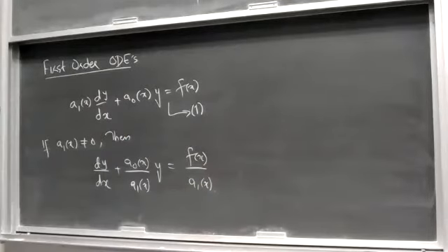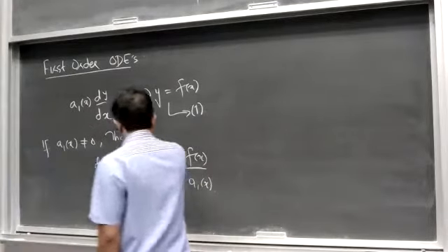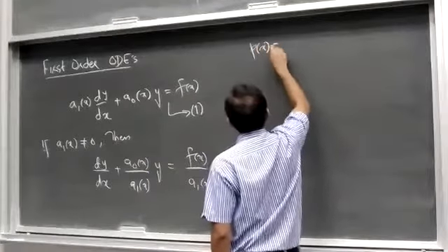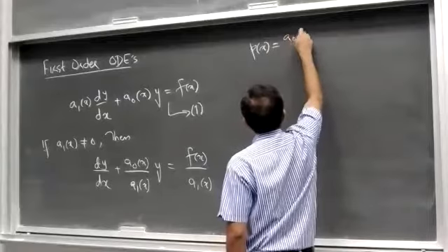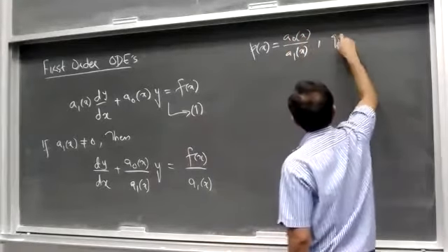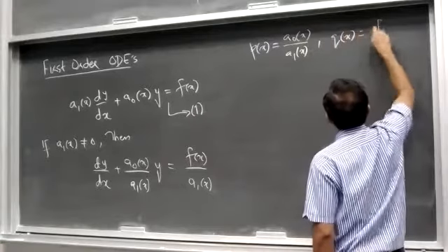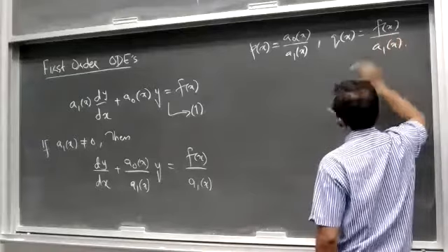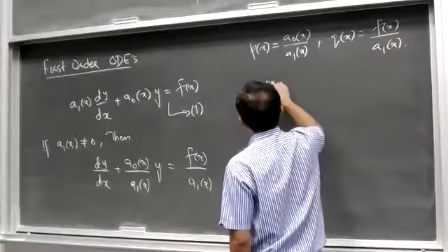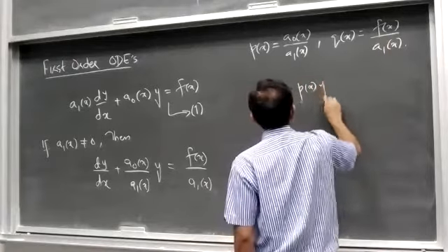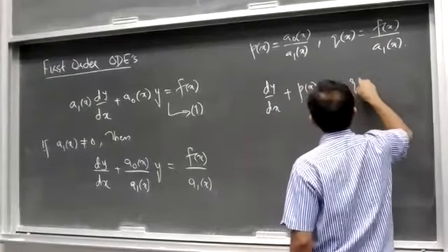Okay. Now, if we call this coefficient of y as p(x), where it is a_0(x) divided by a_1(x), and q(x), the right hand side function, f(x) divided by a_1(x), then this equation can be written as dy/dx plus p(x) y is equal to q(x).